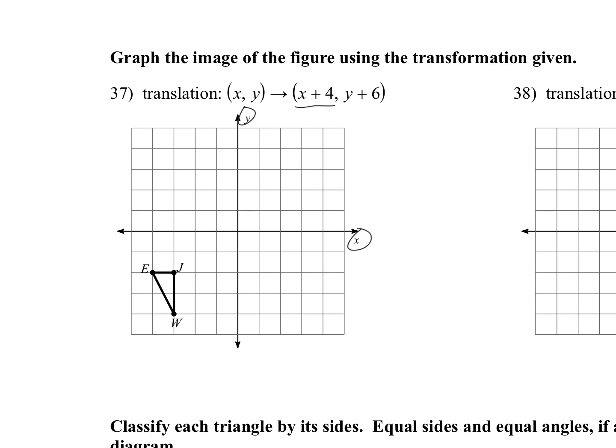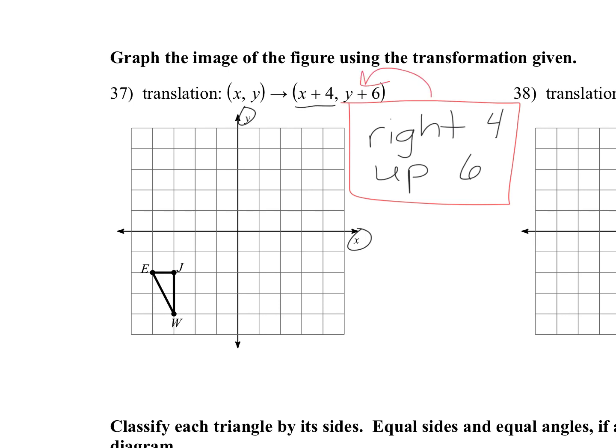So what direction am I moving? Right 4. So we're going to write the rule. We have right 4 to start. Then y plus 6. You're either going to go up or down. If we're adding 6, do I need to go up or down? Up 6. So this right here that we just made up is our rule that says this exact same thing.